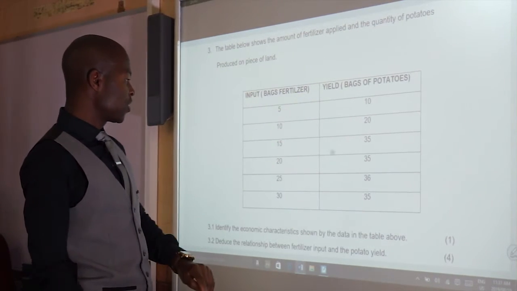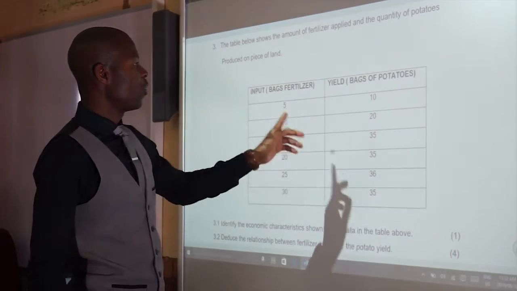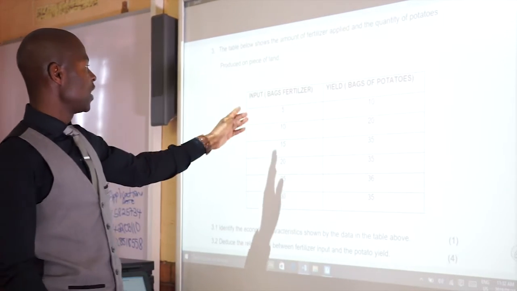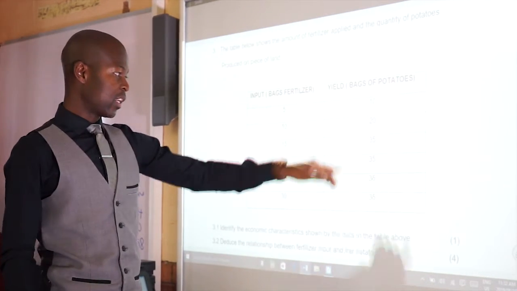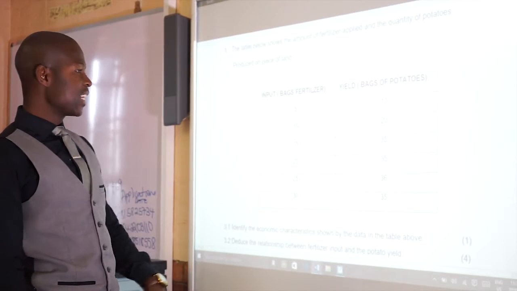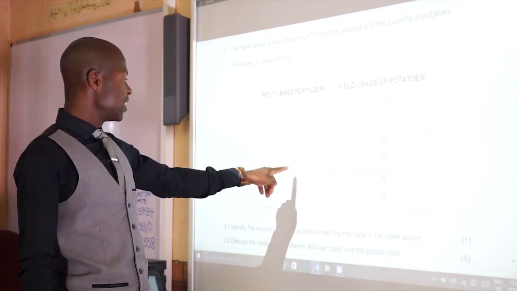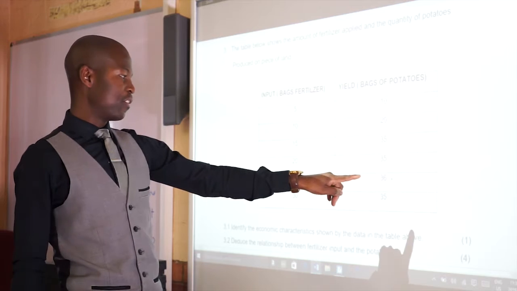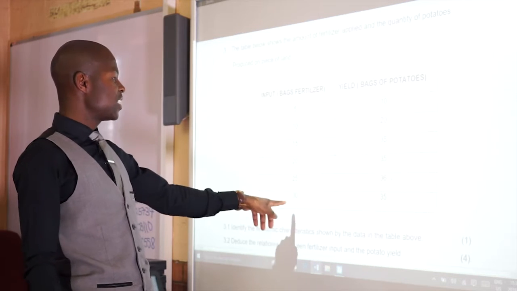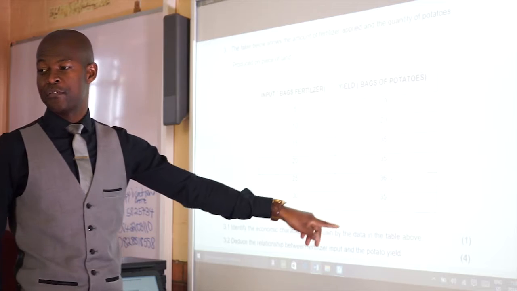But how much is the output or the yield? Then you are getting 10 bags of potatoes. With 10 inputs, we're getting 20. With 15, we're getting 35. But once again, with 20, we are getting 35, you see. With 25, we are getting 36. 30, we are getting 35.